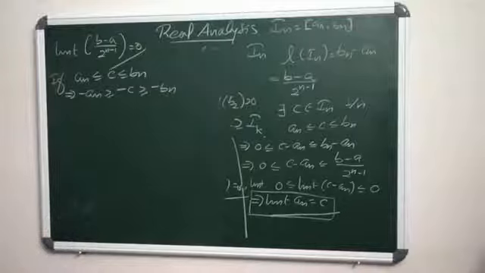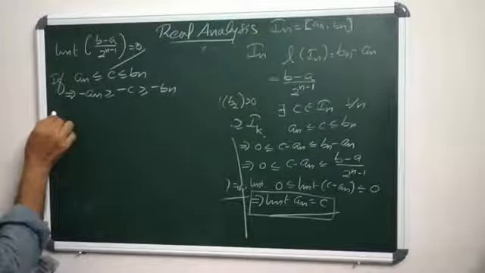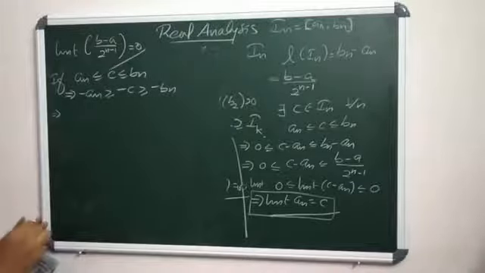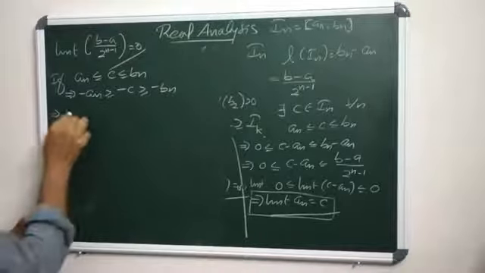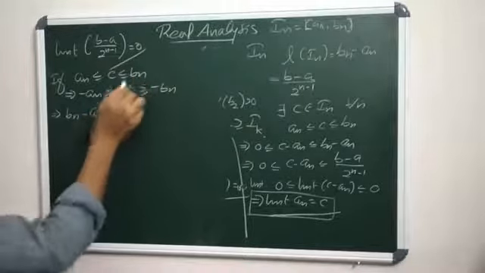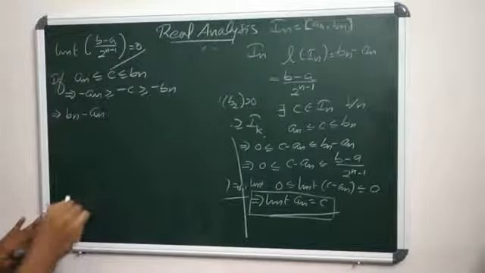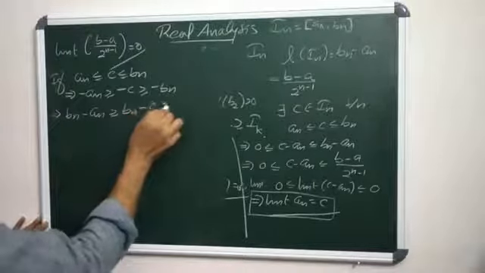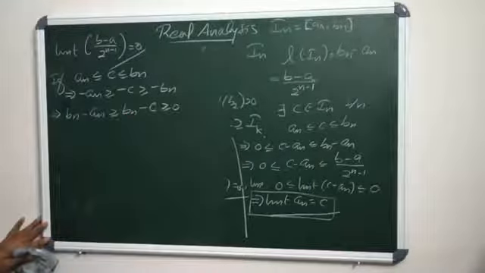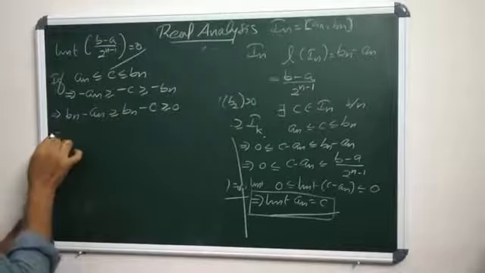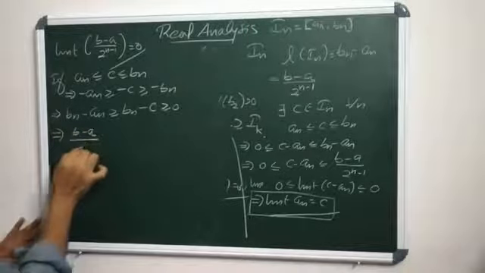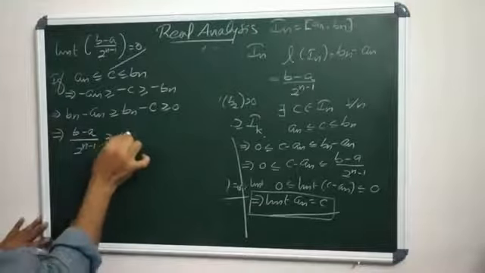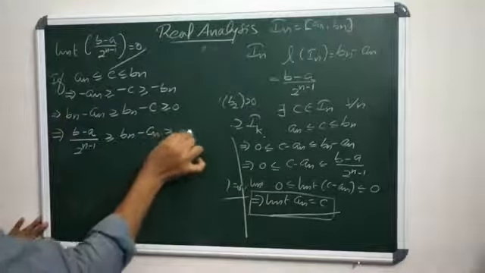From here, adding Bn, Bn minus An is greater than or equal to Bn minus C, which is greater than or equal to 0. What is Bn minus An? It is (b minus a) by 2 power n minus 1.